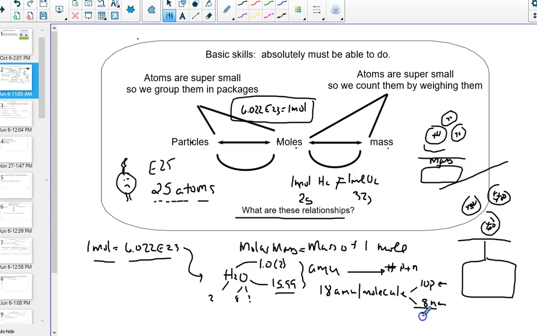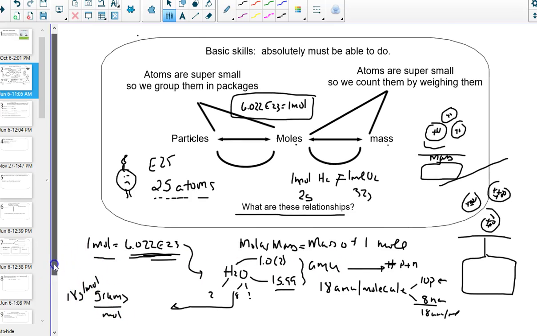So that's 18 AMUs per molecule. This number's matched up so nicely that it also matches grams per mole. 18 grams per mole.